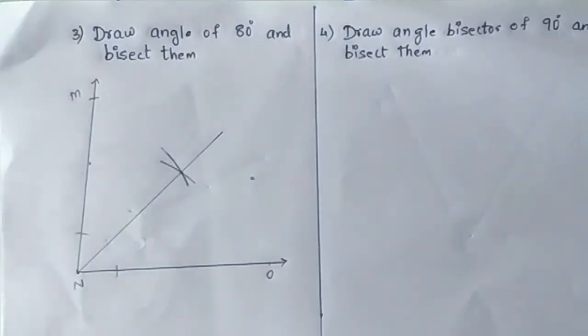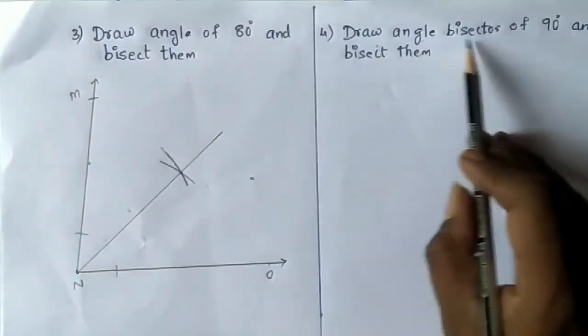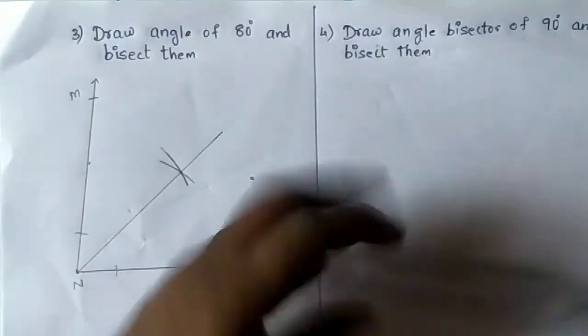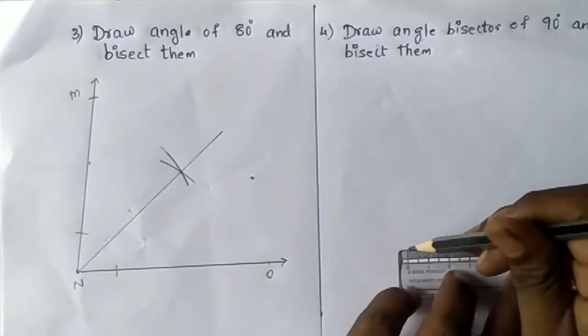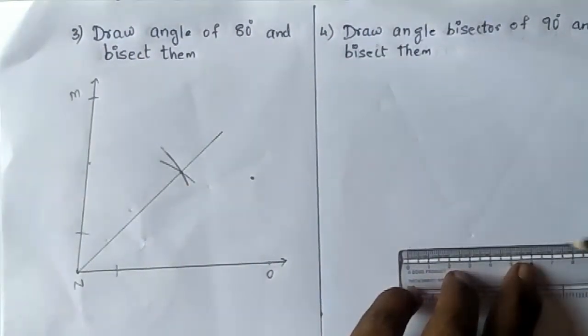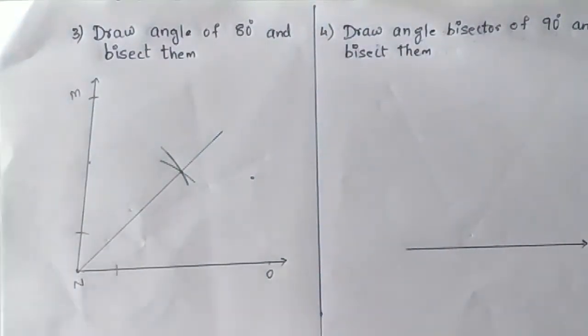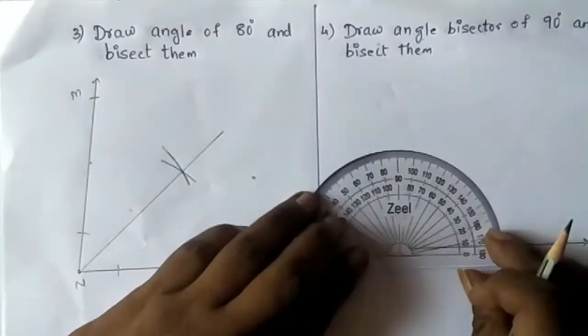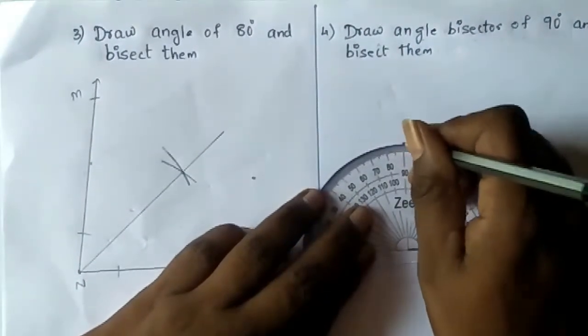Now let us draw another one, which is 90 degree. Draw an angle bisector of 90 degree. Draw a line. Then using a protractor, mark this 90 degree.